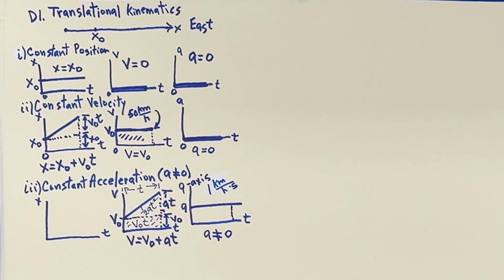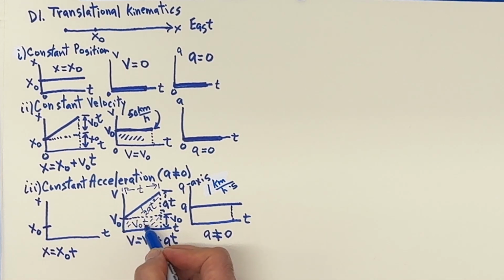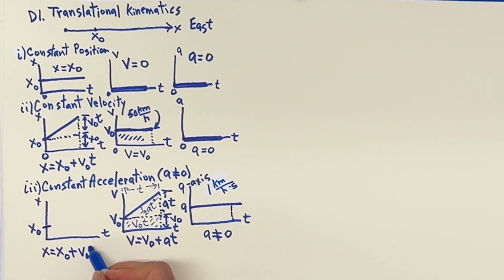So now we're ready to come over here and say, you start out with some x naught, and then we can write down the general formula. It will be x naught, and then the distance traveled is given by the area here, so we have V naught T plus 1/2 AT squared, and that's a parabola.